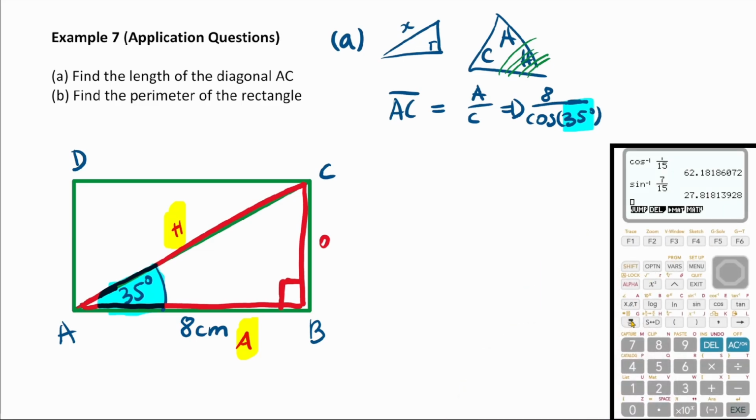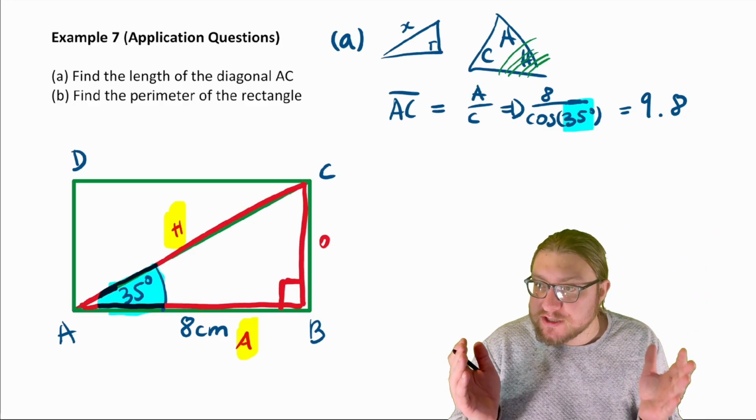We're going to get a fraction and we're going to go 8 divided by cosine 35. There we go. So we now get an answer of 9.7 or 9.8. Let's round just to one decimal place. Okay, now we found the first answer already.